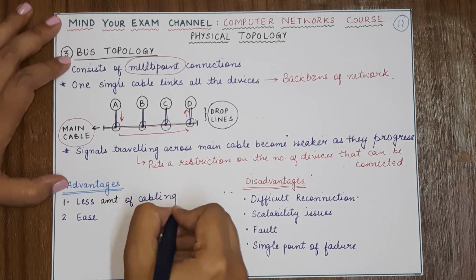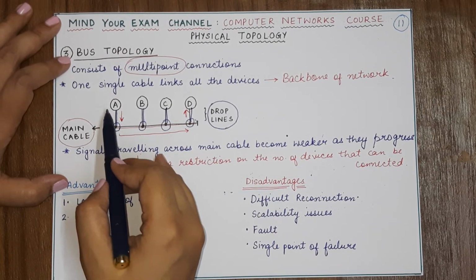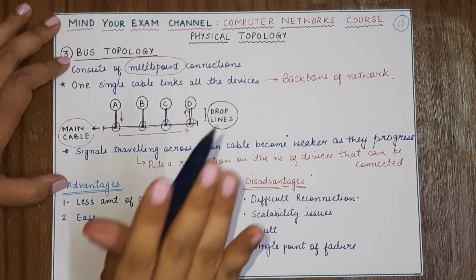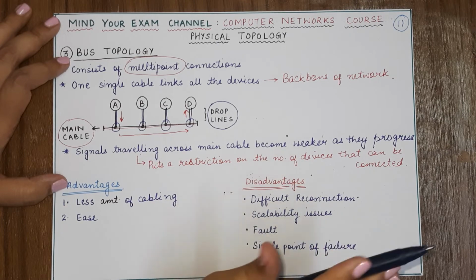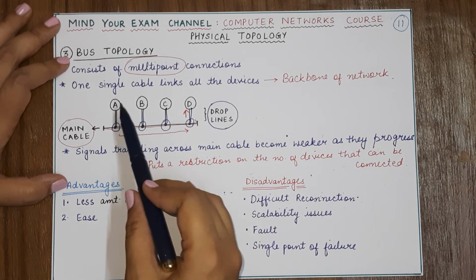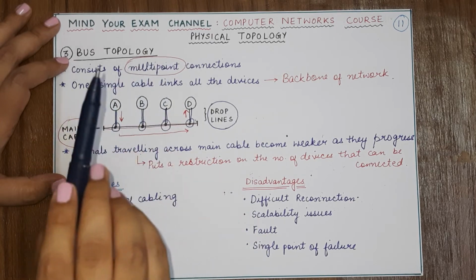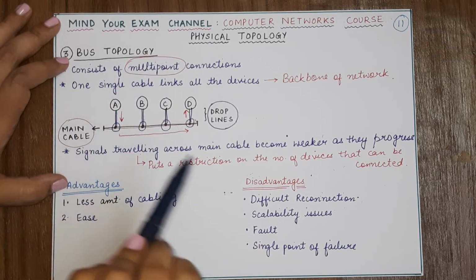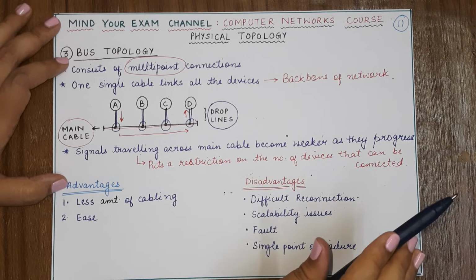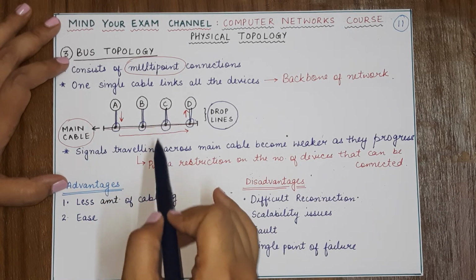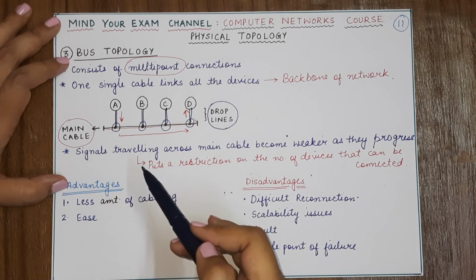See, in the case of mesh topology, each device had to be connected to every other device. So those cabling requirements are now eliminated. And in the case of star topology, every device had to have a cable that was going all the way to the hub. Okay, but in this case, every device can have the shortest link that connects it to the main cable.